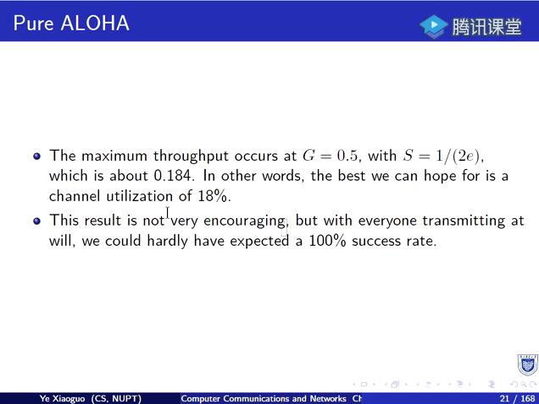But with everyone transmitting at will, means no carrier sense. Since there is no carrier sense, we cannot hope for very high throughput, right? In this contention system, there must be many collisions, since everyone transmits at will. That means they can transmit at any time when they have data to send.